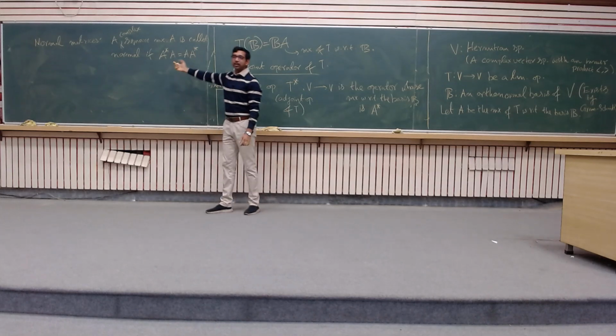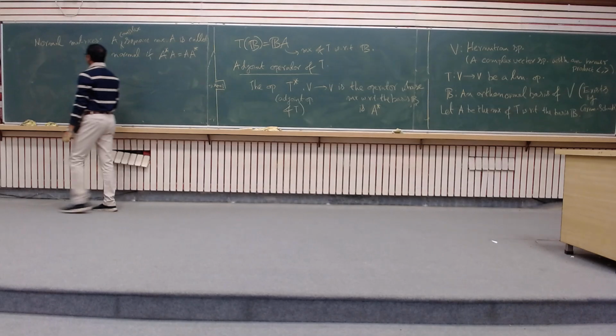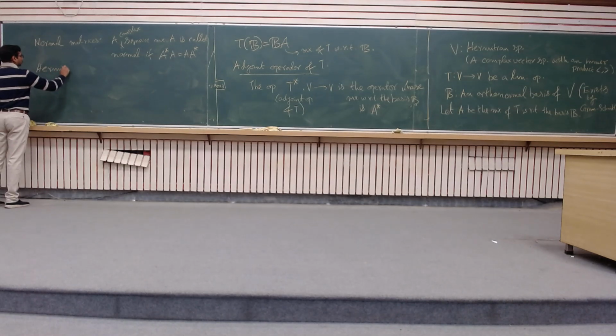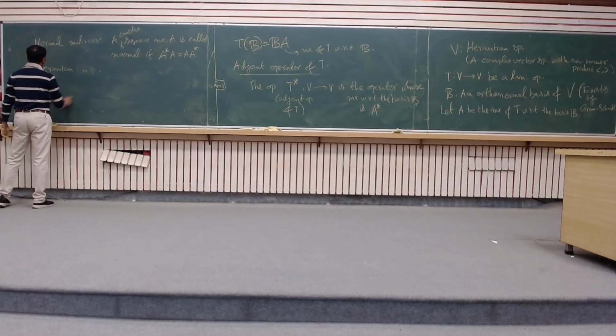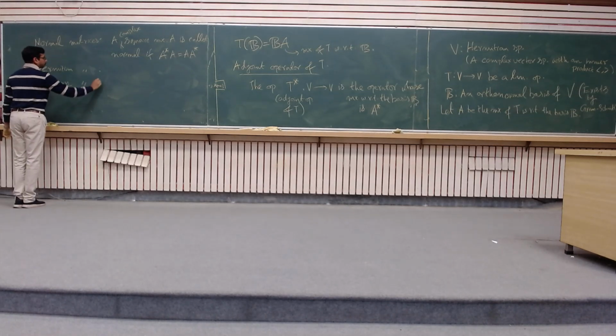That is, the adjoint and A commute with each other. And of course, you recall what Hermitian matrices and unitary matrices are.